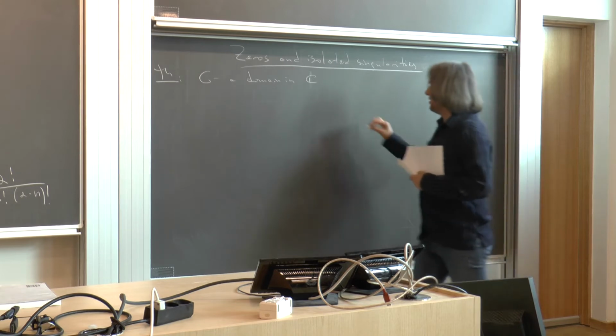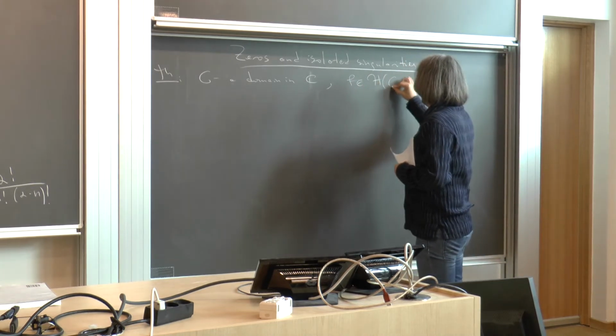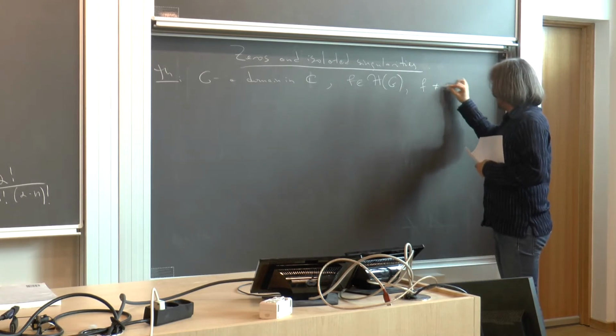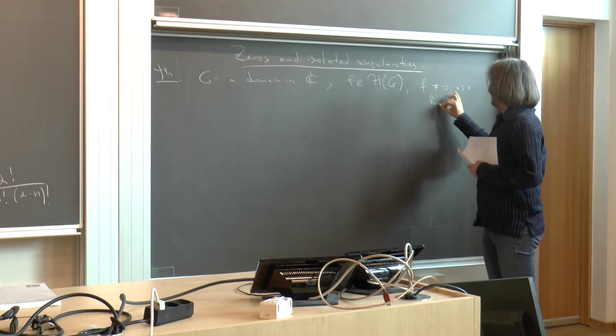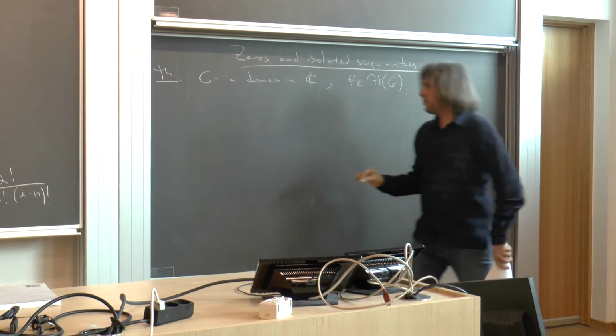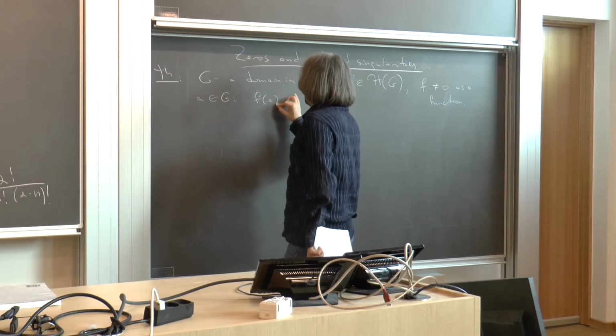So suppose we have a domain and a function which is holomorphic in the domain. And suppose that f is not 0 as a function, so it's not constantly 0. And at some point a in G, f of a is 0.